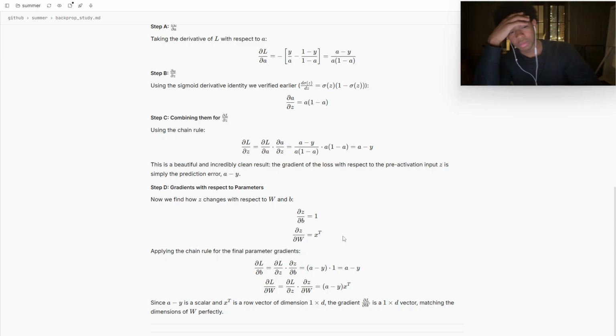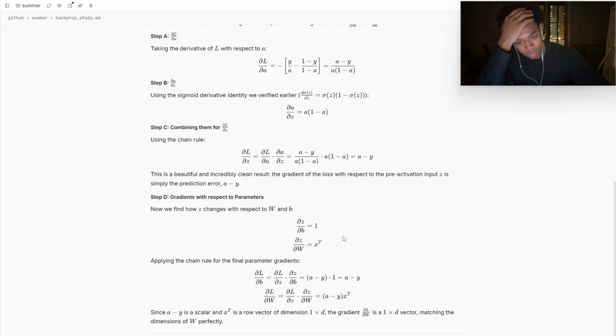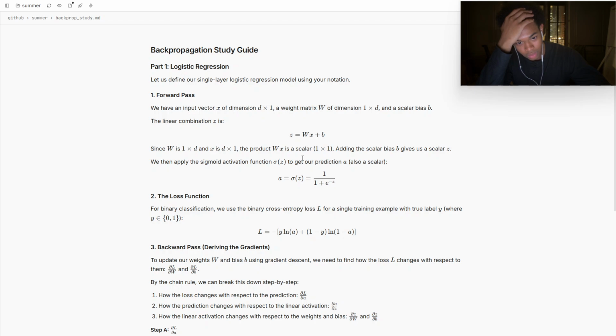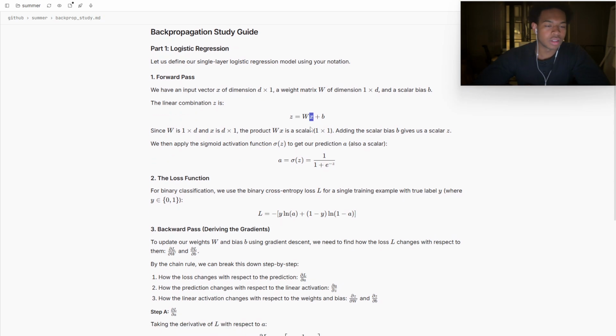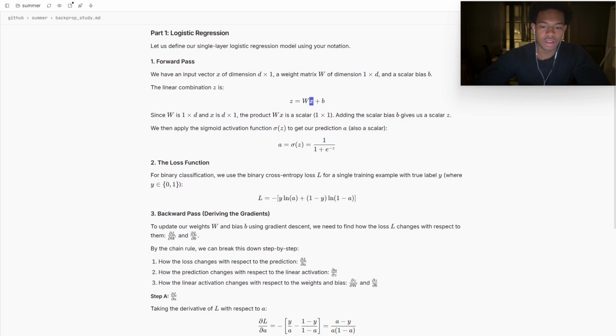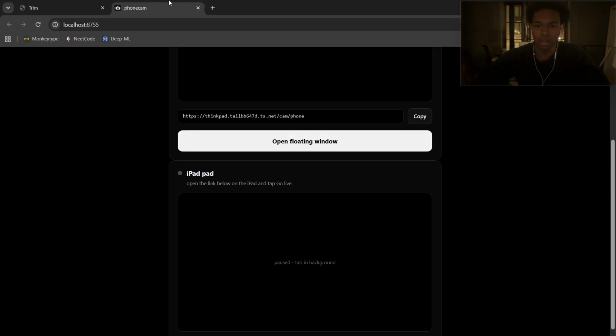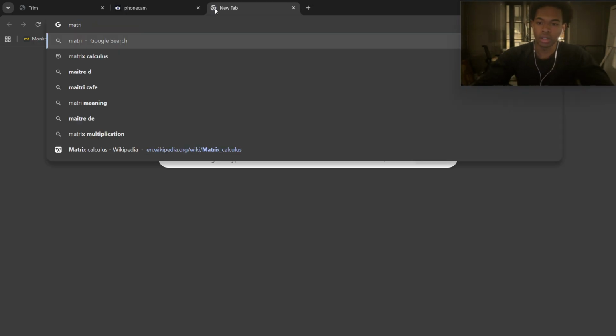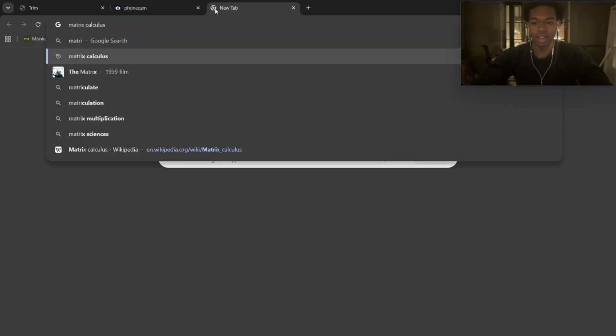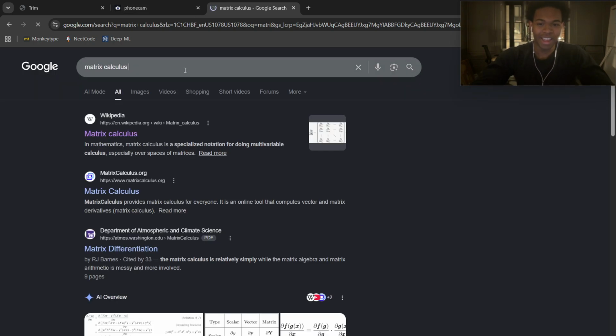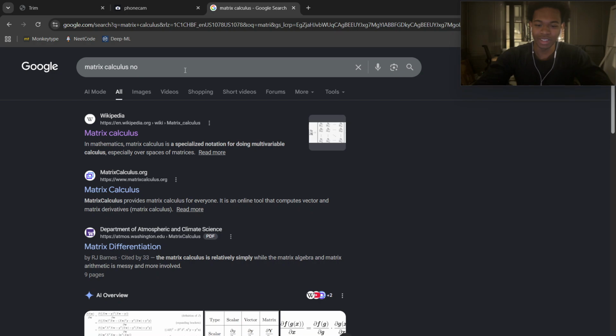So again, an important topic is matrix calculus. I still have the search and the Wikipedia page. Did I mention notation at the start?